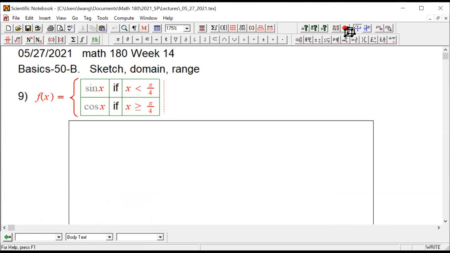We know the sine curve and cosine curve, so we just draw them. This takes a little more work. It looks like the software is doing the work. You just have 2 pieces, connected at pi over 4.